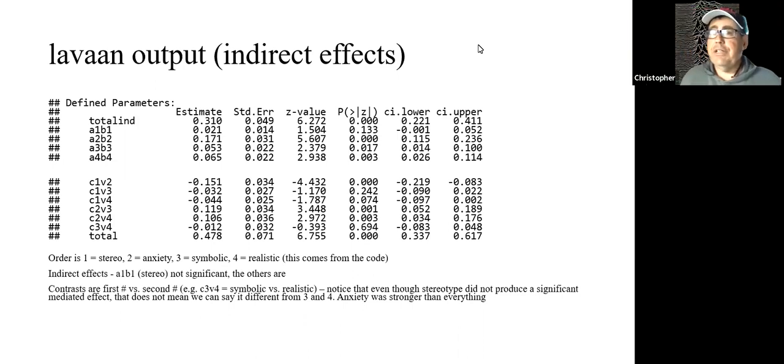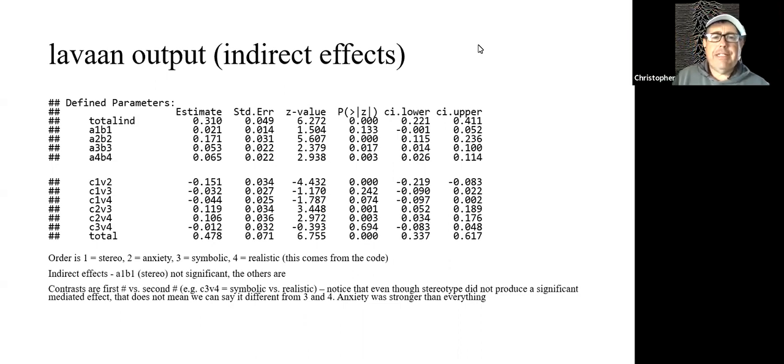That confidence interval includes 0, which tells us it's not a significantly different effect. Although stereotyping was non-significant and symbolic threat was significant, we do not have evidence to say that the effect of symbolic threat was stronger than the effect of stereotyping. So keep in mind, just one being significant and one not being significant, that's not enough to say that they are significantly different from one another.